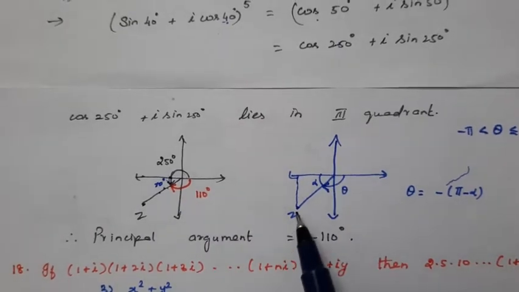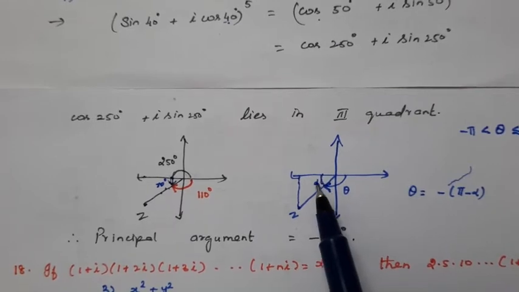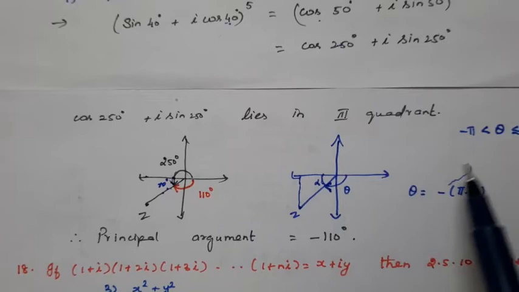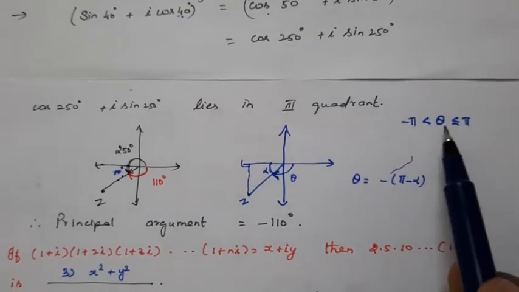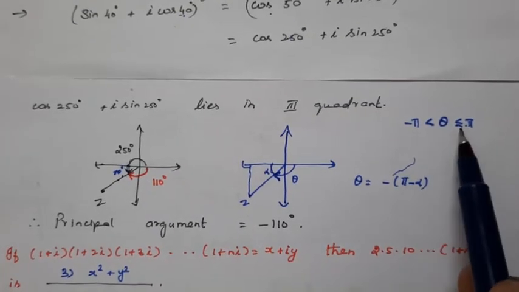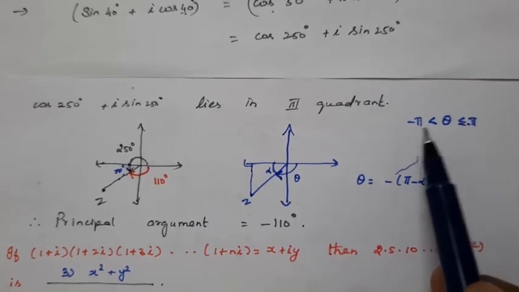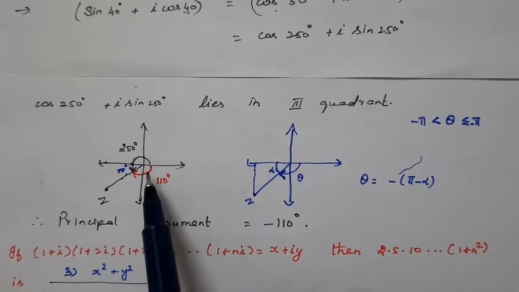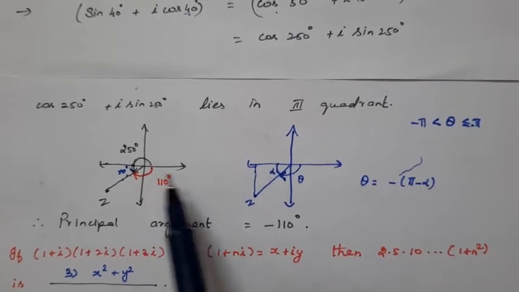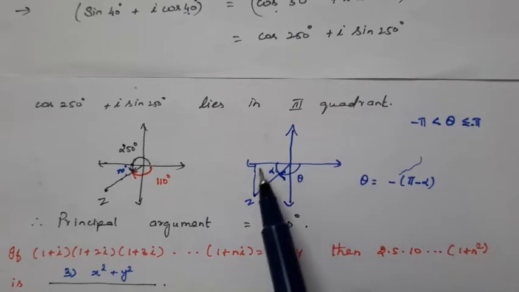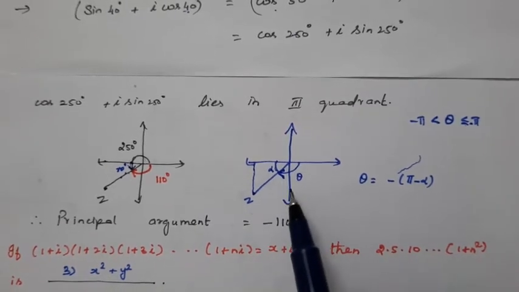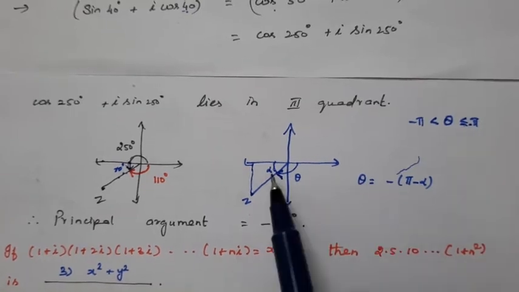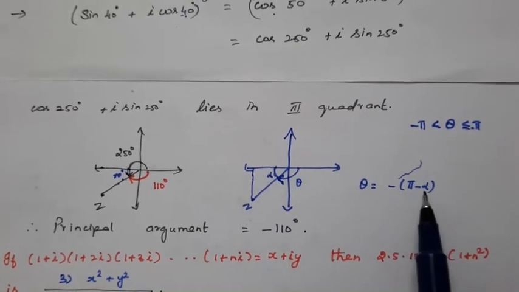And then if Z lies in the third quadrant, we will take this as alpha, and the principal argument theta should be measured in the negative direction, because for the principal argument theta should not exceed pi. So it will be less than or equal to pi. So for a complex number that lies in the third and fourth quadrant, the angle should be measured in the negative direction. I have explained this while explaining the polar form. So if it is alpha, this will be theta, and hence we will take theta as minus of (pi minus alpha).